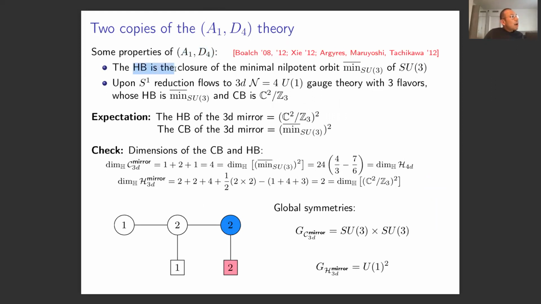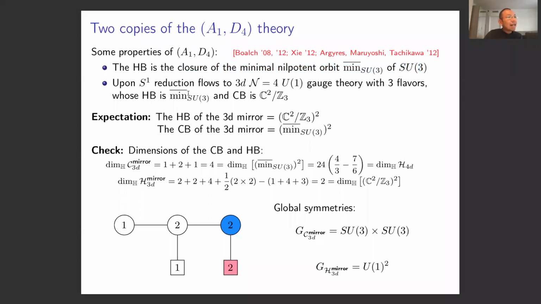Now let's look at some properties of the A1D4 theory. The Higgs branch of the A1D4 theory turns out to be the closure of the minimal nilpotent orbit of SU(3). This is basically the centered one-instanton moduli space of the SU(3) group. If you reduce this theory on S^1, you get a 3D N=4 U(1) gauge theory with 3 flavors.